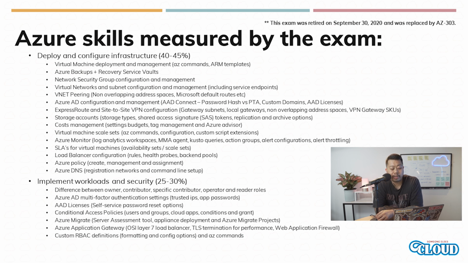AAD Connect configuration and management. That's a big one, like hybrid identities. Password hash versus pass-through authentication: know those two very well because you'll be covered in that, no doubt, as well as how to configure AAD itself.